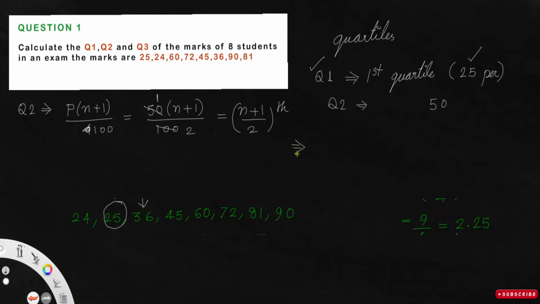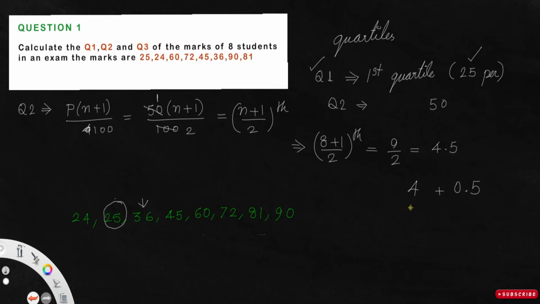Now how many data points do we have? 8. So 8 plus 1 by 2 means 9 by 2, which is 4.5. Again I can write this 4.5 as 4 plus 0.5.